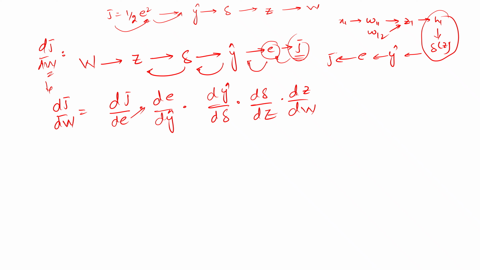If you look closely, all of these cancel out, and the left hand side becomes the right hand side. Okay? So now we can easily derive these derivatives. It's really easy.